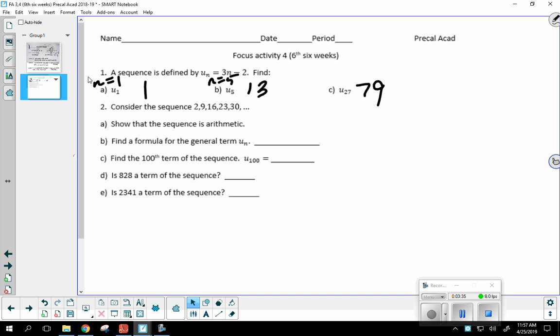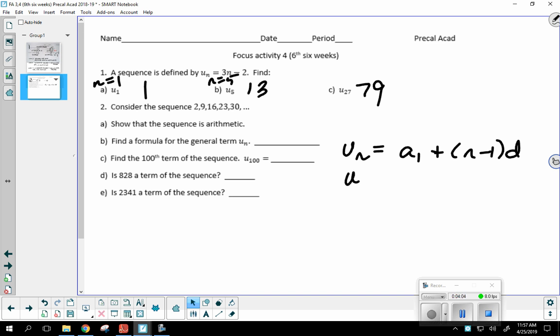Okay, so it says find a formula for the general term. So the way they're stating this is another way of saying find me the explicit formula. So this one we've been dealing with is going to be very useful to us. The first term plus n minus 1 times d. Okay, and we've seen this several times, but if I want to come up with the explicit formula, what's the one variable I don't sub for? N. We leave n alone.